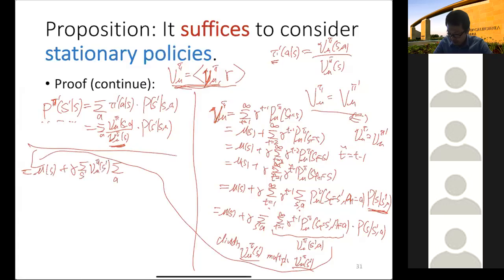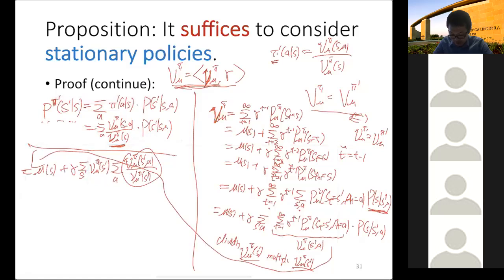We will sum over a, then we will have the occupancy measure of pi at s prime, a over this quantity. So we'll have nu pi of s prime, right?